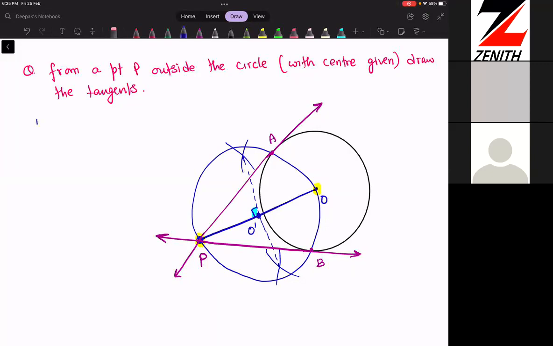So here the first step will be: join PO, draw the perpendicular bisector of PO and find its center O dash.